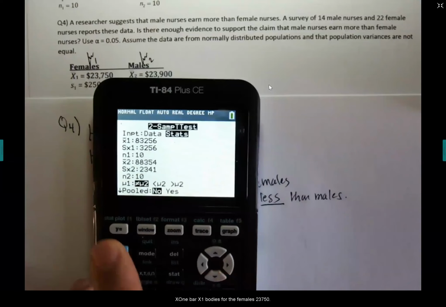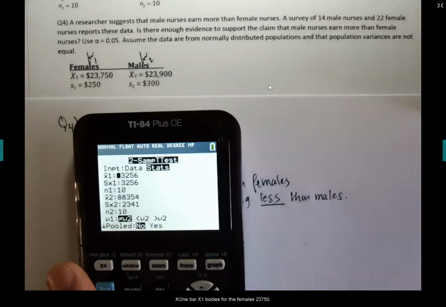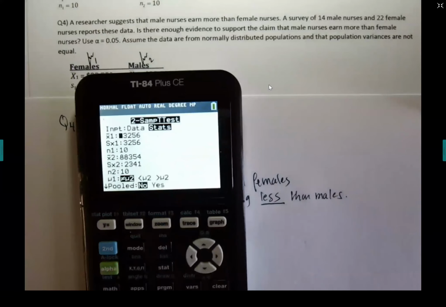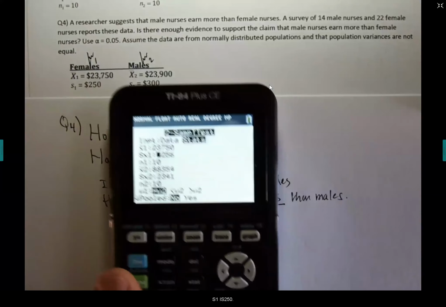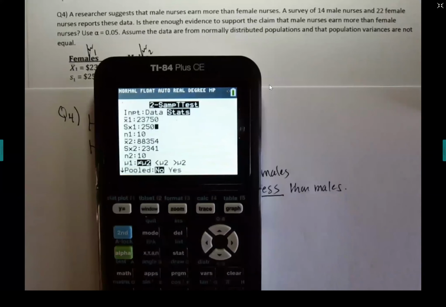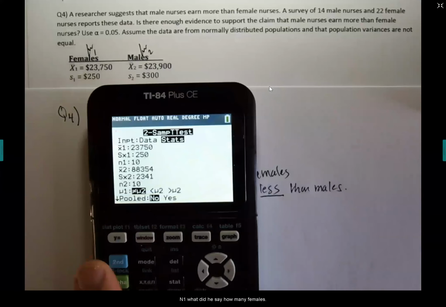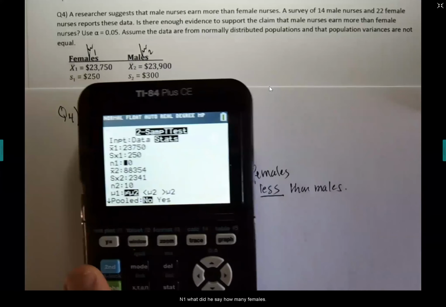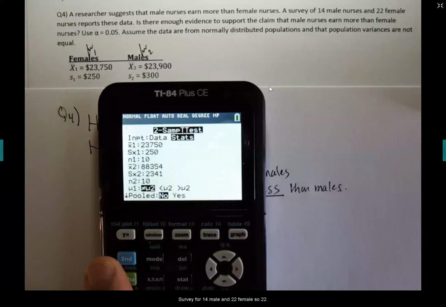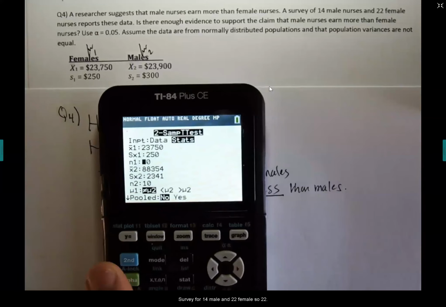X1 bar is for the females, 23,750. Be very careful as you enter your data. S1 is 250. Now, N1, what did he say? How many females? A survey of 14 male and 22 females, so 22.